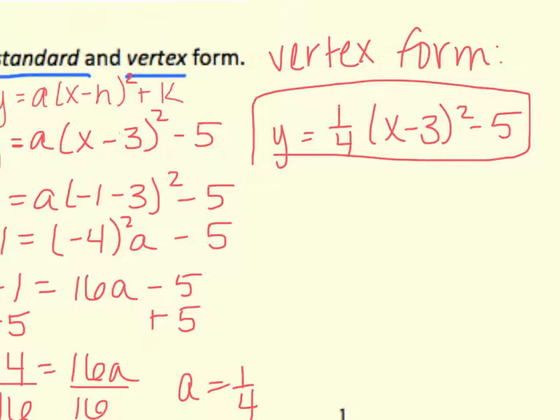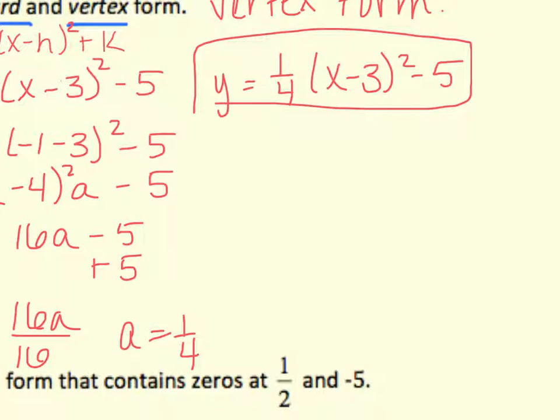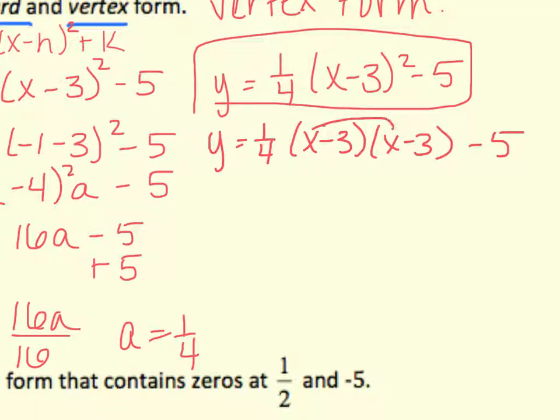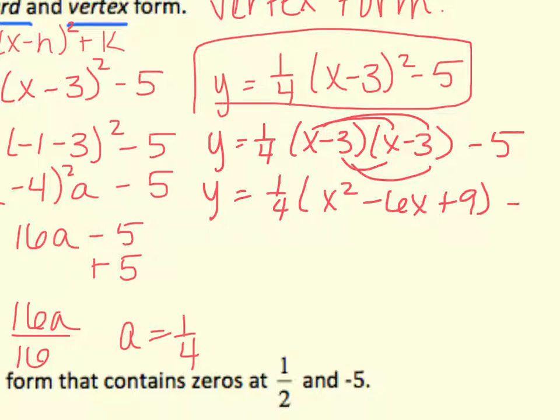And now to get it in standard form, you're going to simplify it. So remember that (x minus 3) squared means it's twice. Don't break the math. Distribute the x, distribute the 3, and keep the 1/4 out of it for a second. Alright, now we're going to distribute the 1/4.